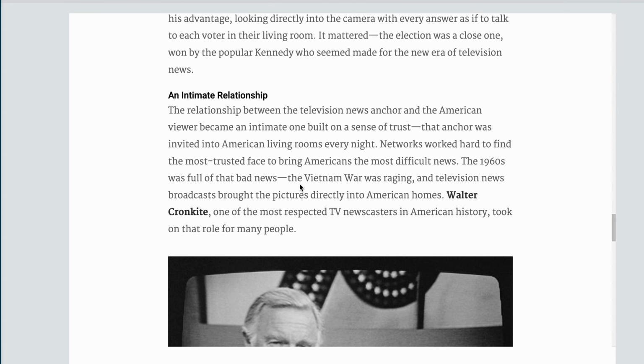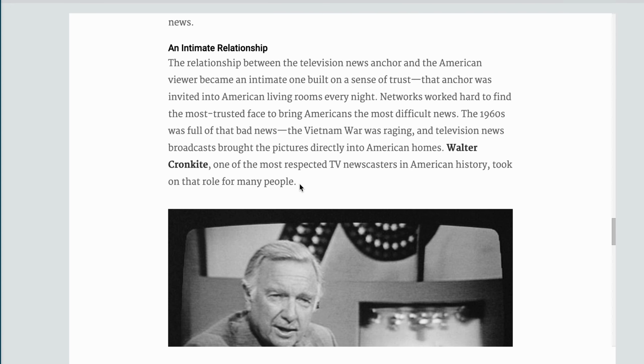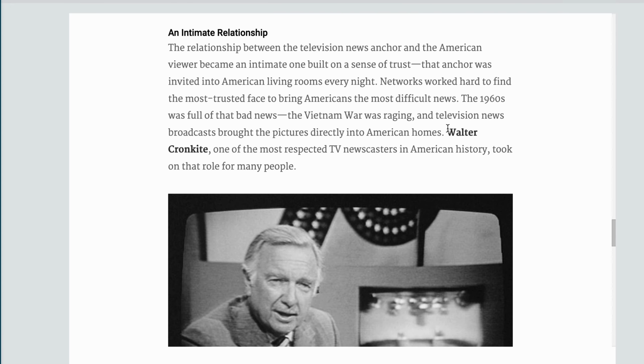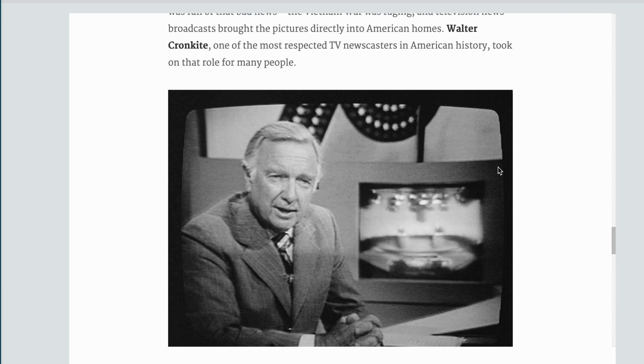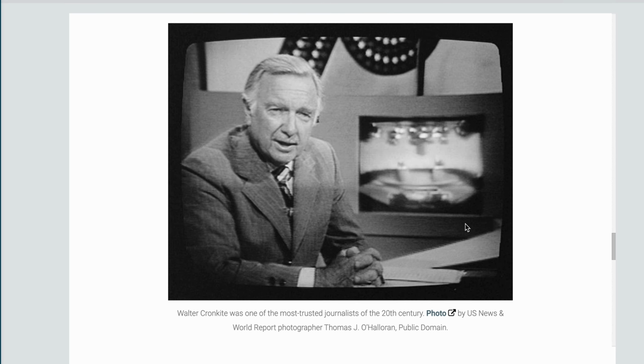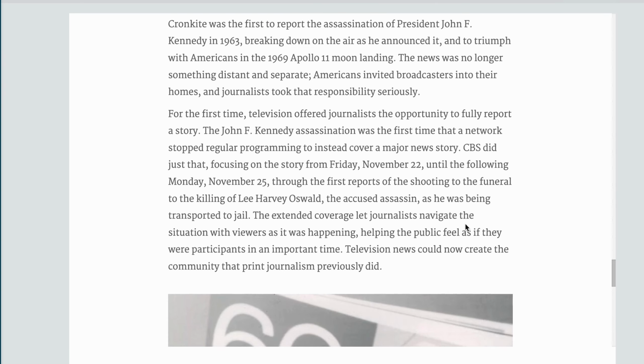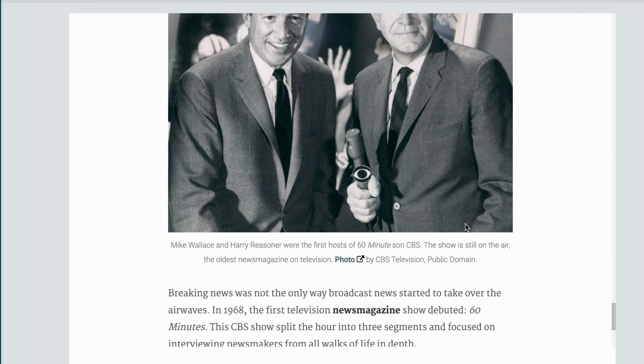Now we have an intimate relationship between the Americans and TV, and we have Walter Cronkite, one of the most respected TV newscasters in American history, and a lot of people were just waiting for him to know about what was happening all around.